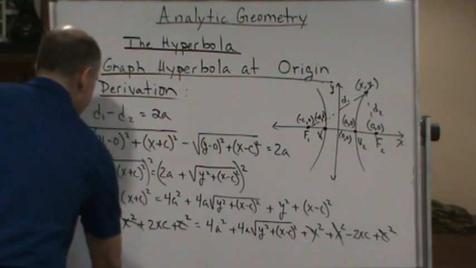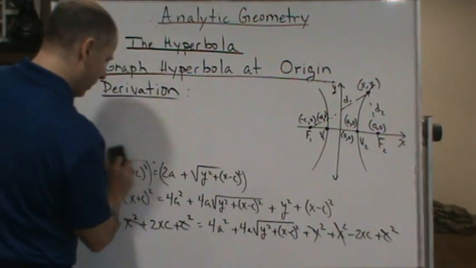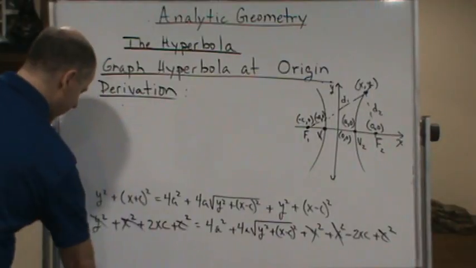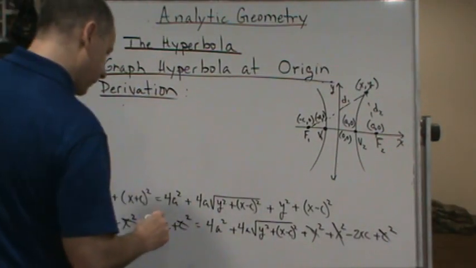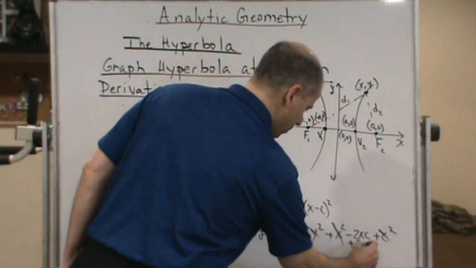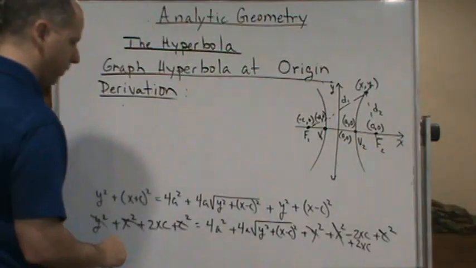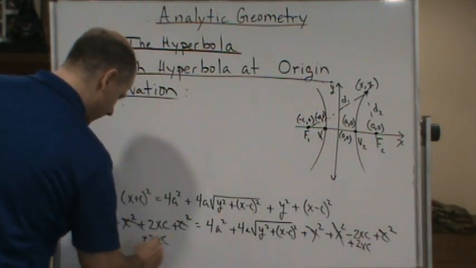So let's rewrite this at the top here now that we don't need this. Okay, let's start here. Now what do we get? We've got a minus 2xc here, so we're going to add 2xc to both sides.